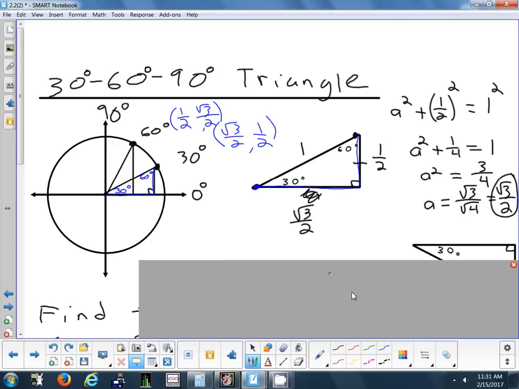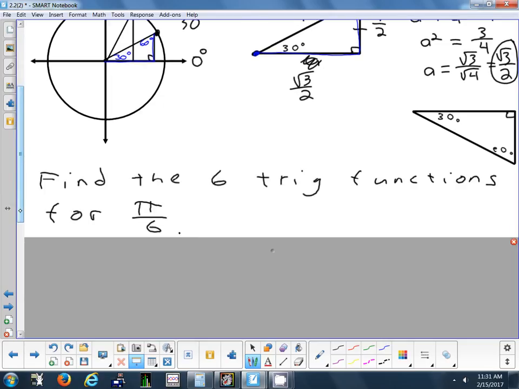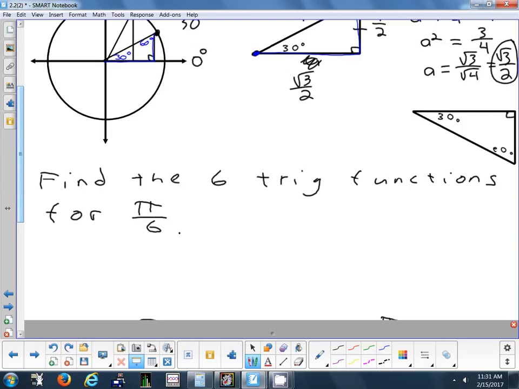All right, so now we'll take a look at doing a couple problems with 30 and 60-degree angles. Okay, so I want to find 6 trig functions for pi over 6.